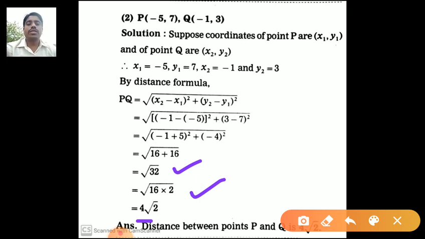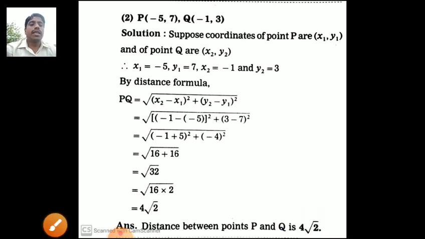We can write it also this way. That means the distance between the 2 points P and Q is 4 root 2. Hence the answer is: distance between PQ is 4 root 2.